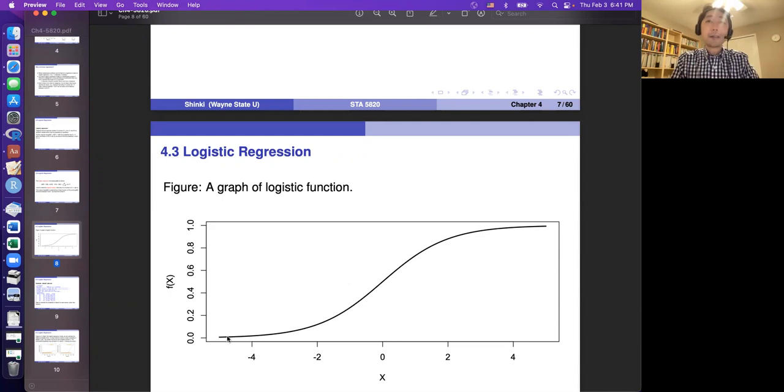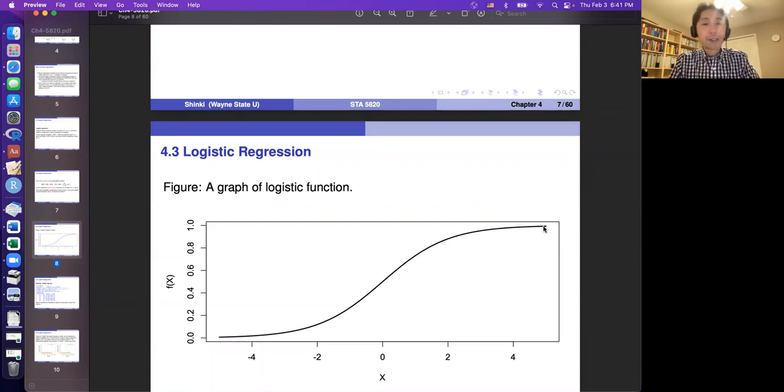If you have taken the probability theory class already, 5700, then you can see this is the cumulative distribution function of some random variable. So any continuous cumulative distribution function can be used. For example, the normal CDF or Laplace CDF or F CDF or the CDF of the T distribution, anything can be used.